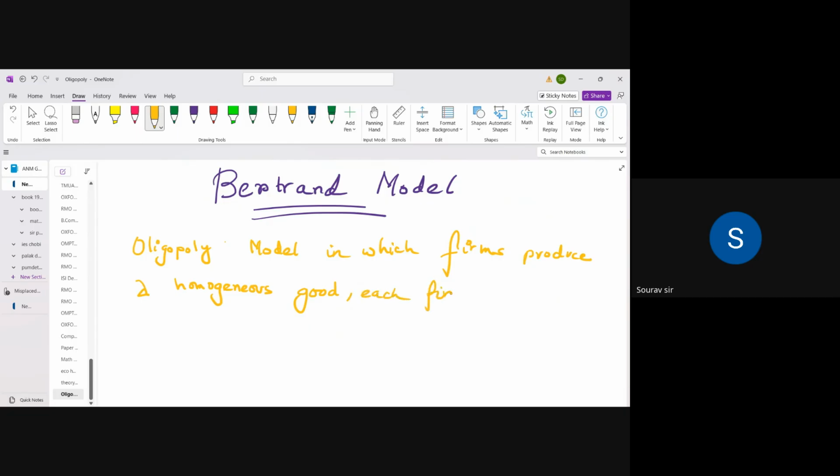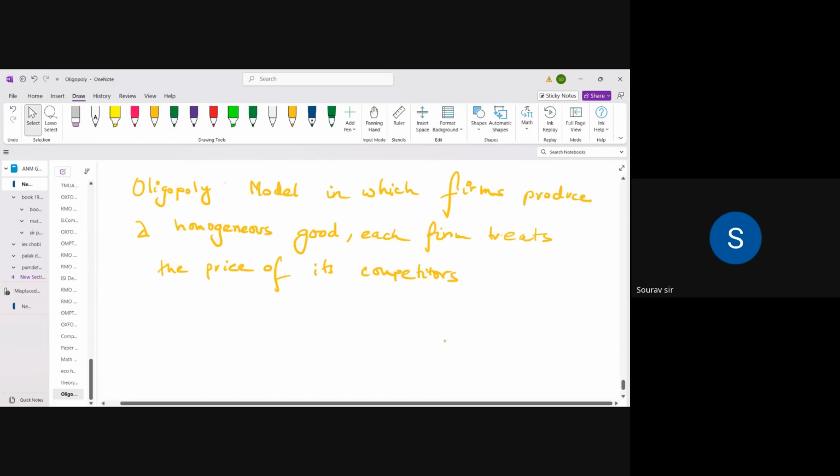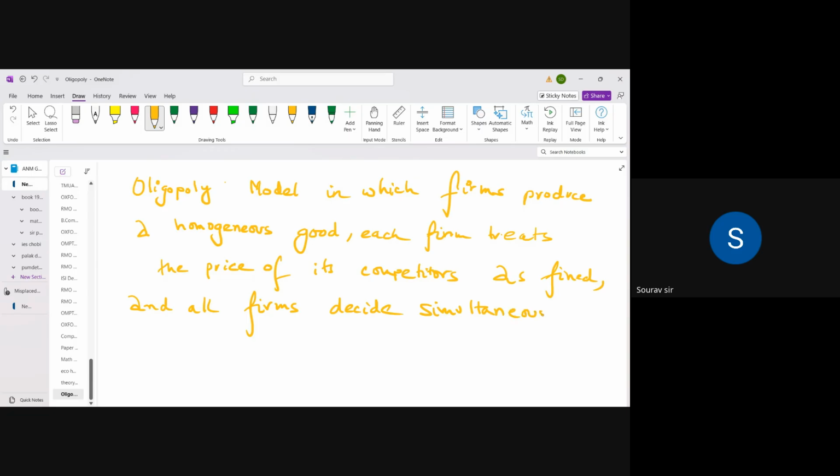Each firm treats the price of its competitors as fixed, and all firms decide simultaneously what price to charge.